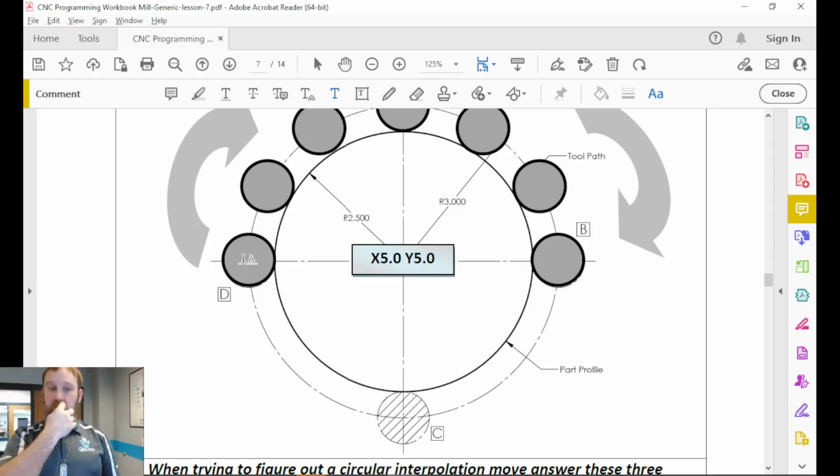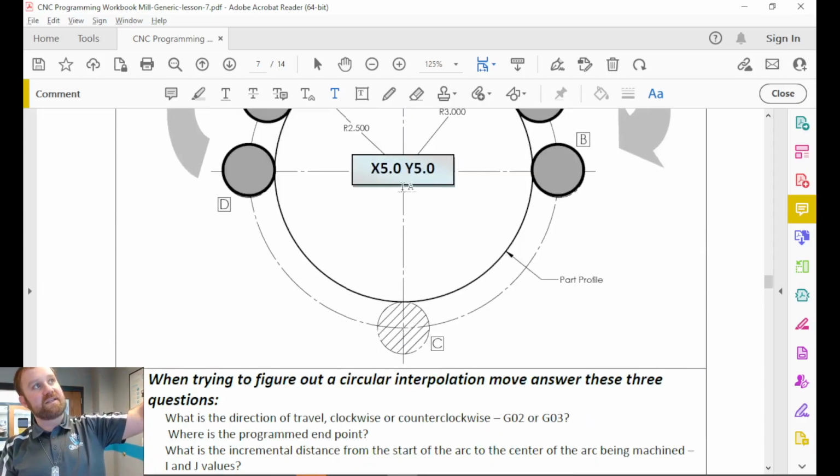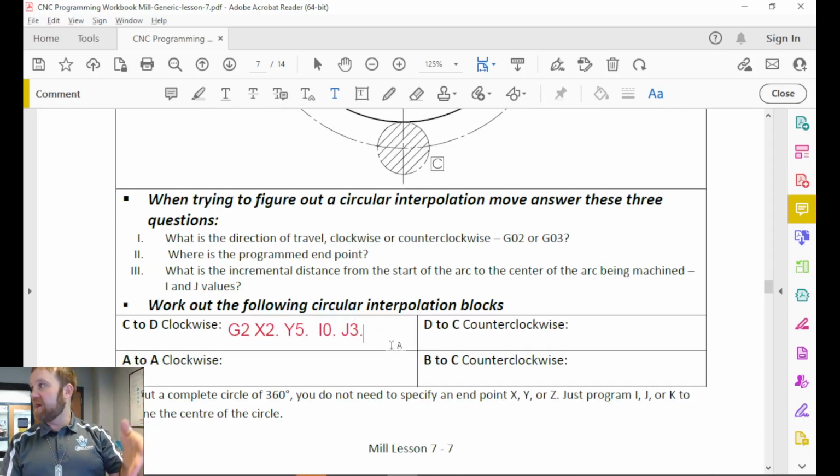That's the endpoint. Right? Am I doing the right one? Yeah, I am. Okay, just making sure. All right, but the C, the start point, that's still I0, J positive 3, because the incremental distance from C to the center of rotation is 3 inches in the positive Y direction, nothing in X, so it's I0, J positive 3.